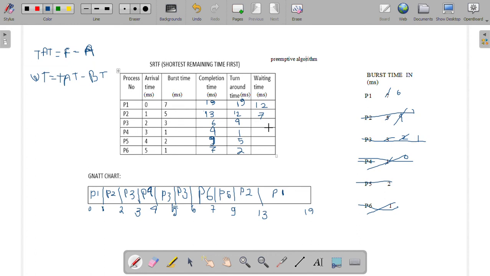For process P3 it is 4 minus 3, that is 1. For process P4 it is 1 minus 1, 0. For process P5 it is 5 minus 2, 3. And for process P6 it is 2 minus 1, that is 1.